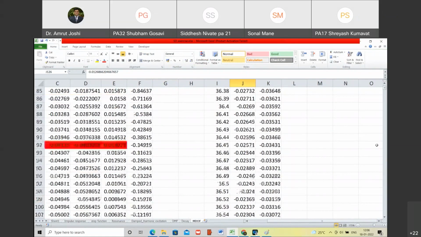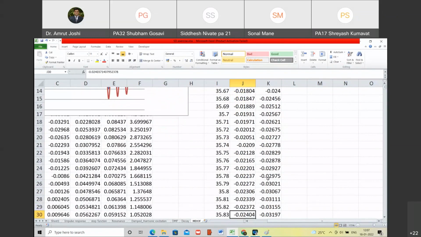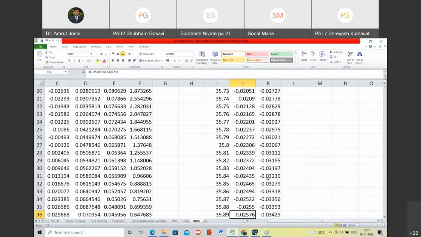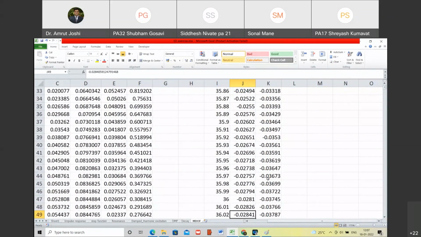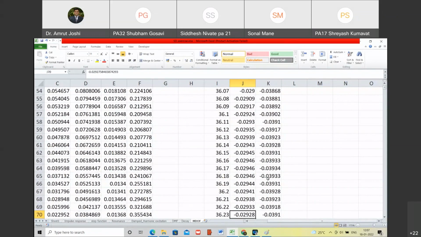Somewhere here. Let me check. No, it is minus 0.01247. So when do I get this back? It should go to 0 and it should come back.